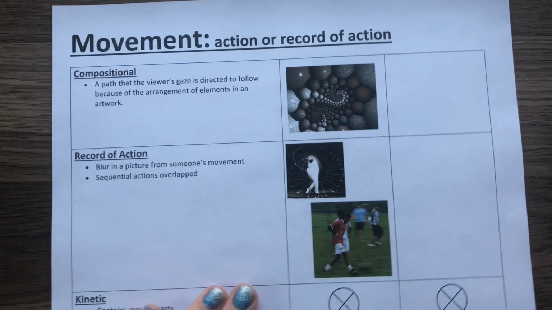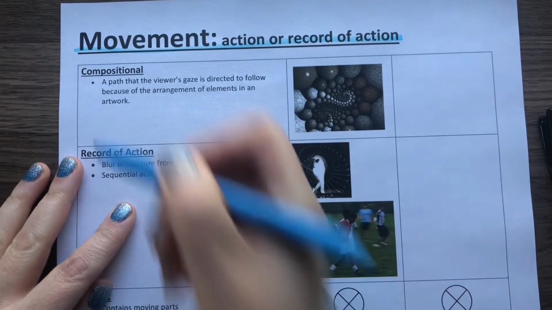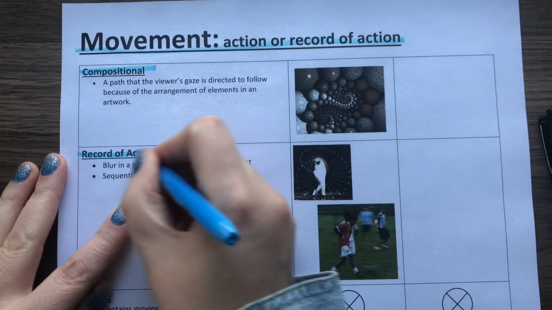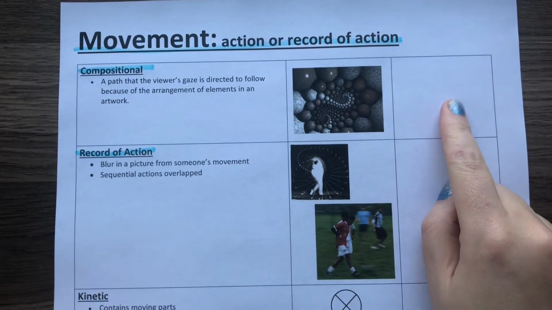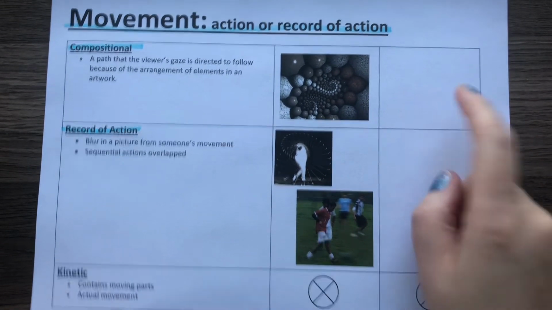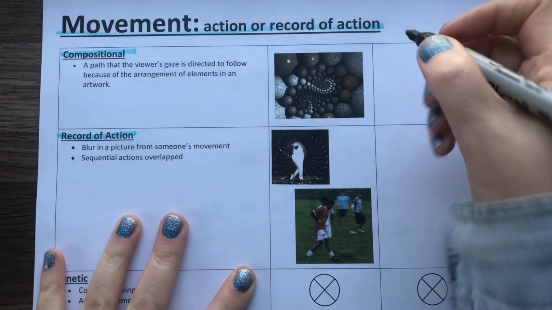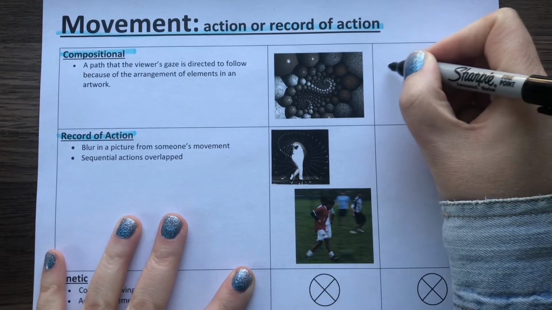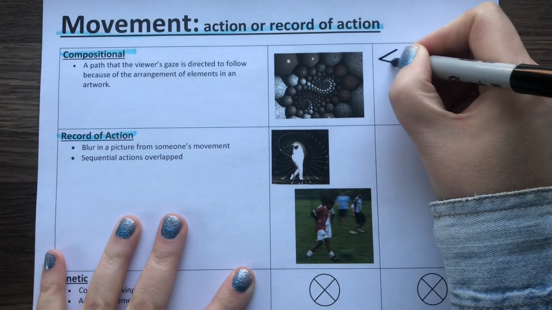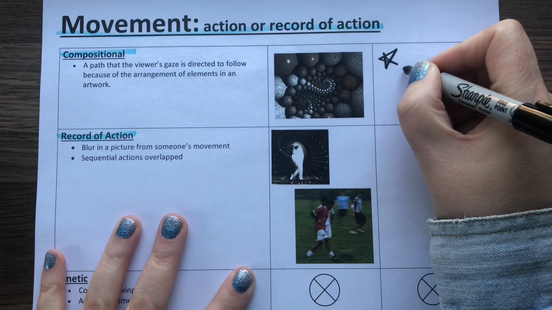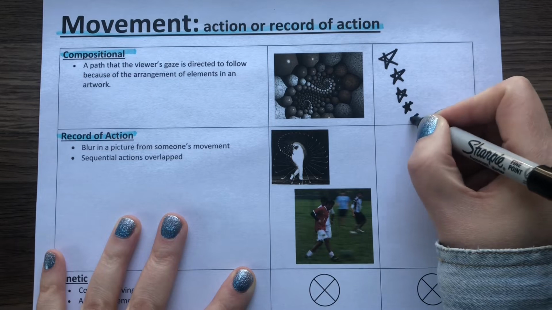So back up here at the top, we've got, like I said, movement or action or a record of action. It comes in compositional and a record of action, right? For the first one, the compositional, you need to come up with your own example showing compositional movement. I've showed you this example here, and you are going to create your own in here. My recommendation is pick a shape. I think I'm going to do stars, and I'm going to have a series of stars, and I'm going to change the size of them.